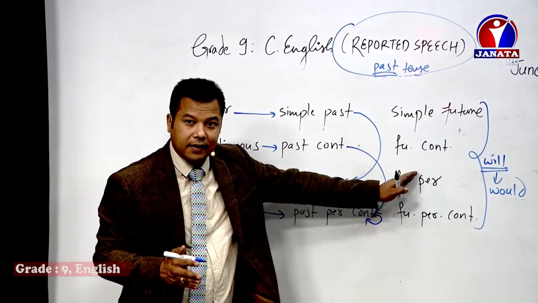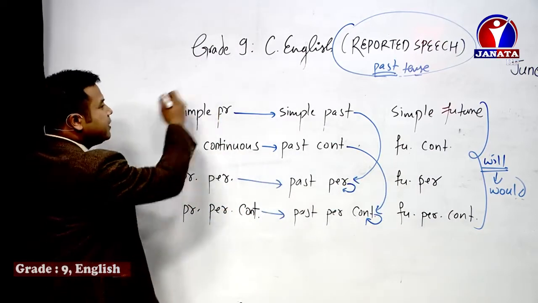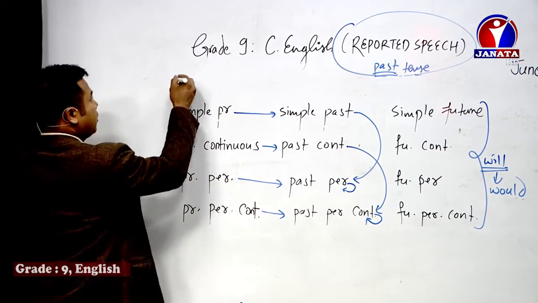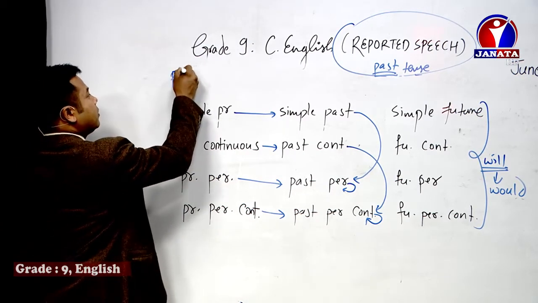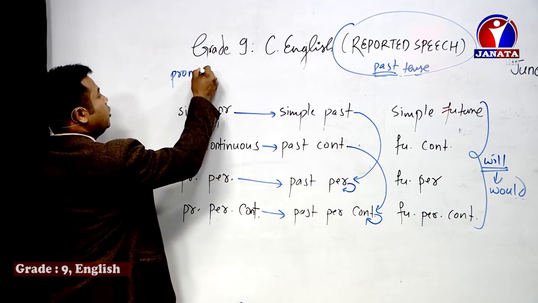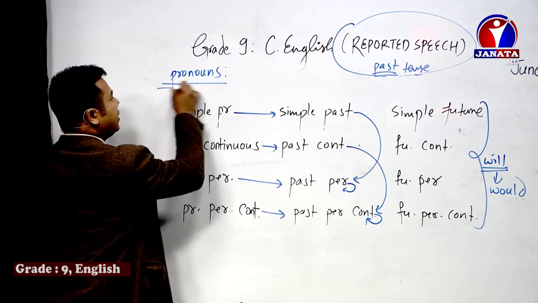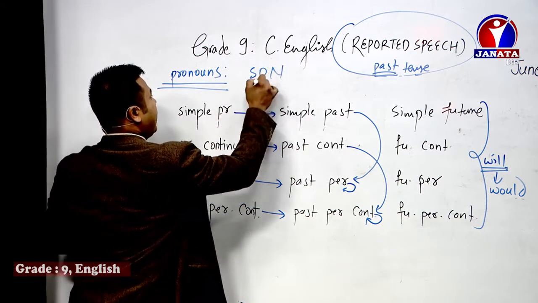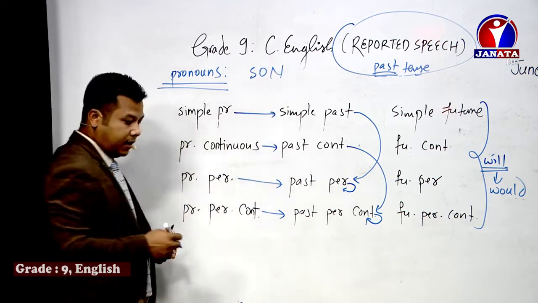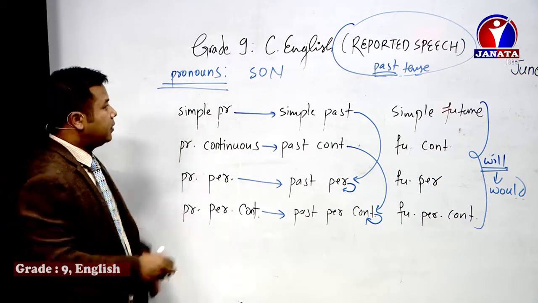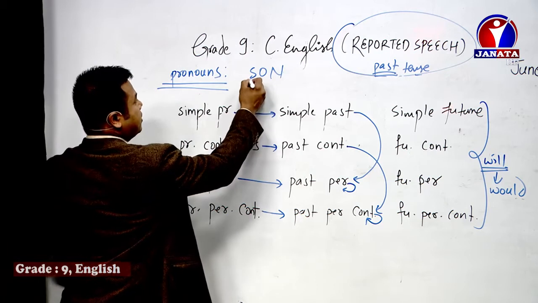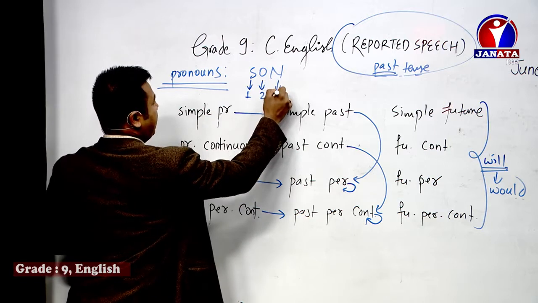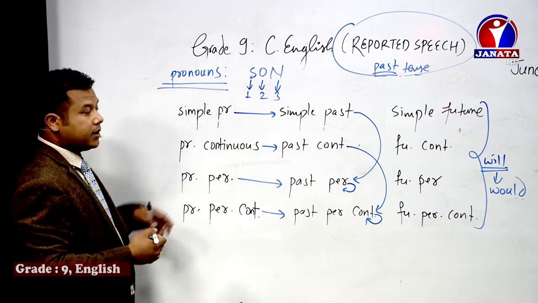That is easy. Now, once you have this comprehensive picture of tense, you also need a small comprehension of using pronouns while interchanging speech. For this, we have the SUN rule. Now, what is this SUN rule? Let me explain. SUN has 3 letters. So first S is first, then you have second, then you have third.